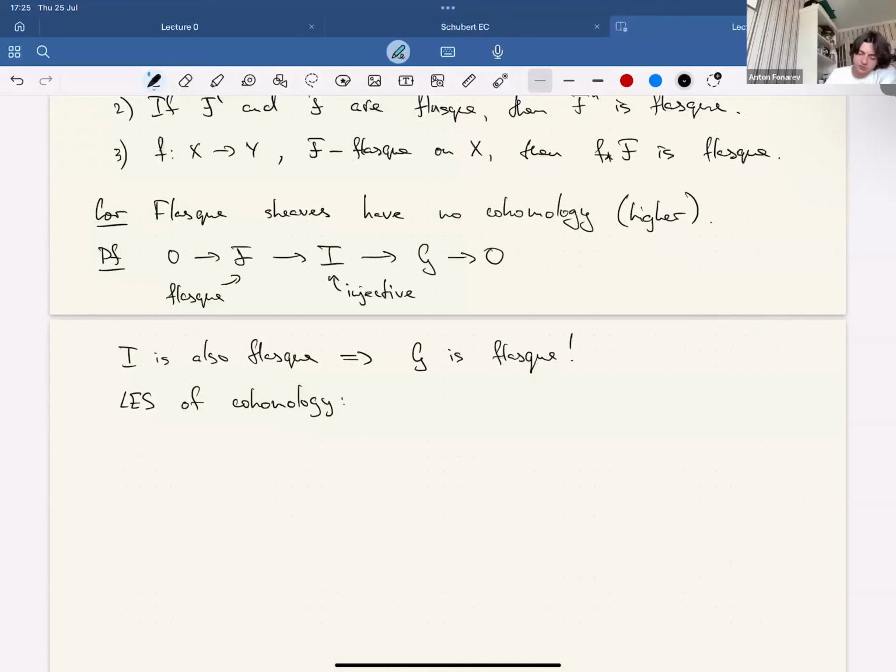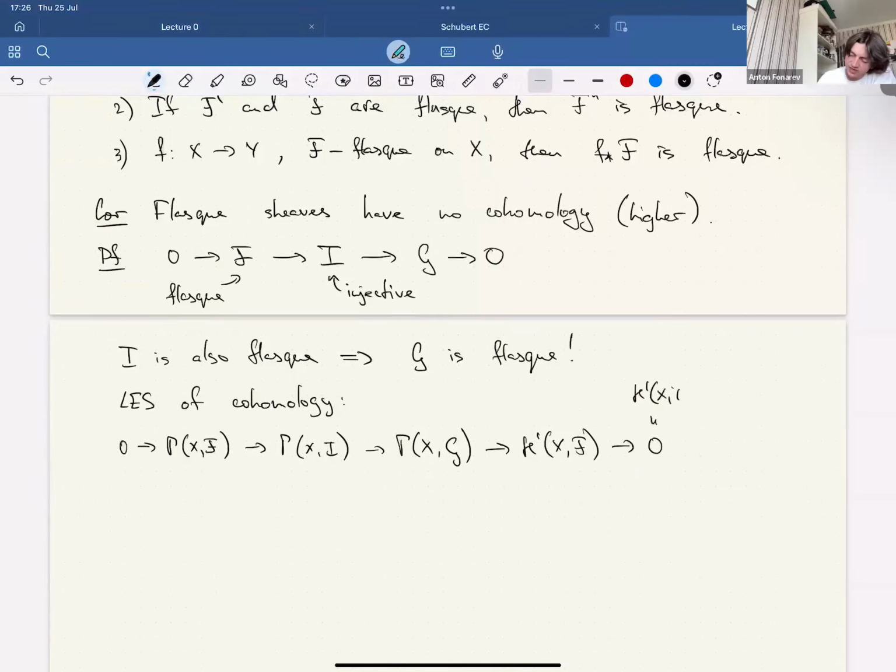First, we have the global sections, gamma on X of F, gamma on X of I, gamma on X of G. Then goes H1 on X of F. And then goes 0, because this is nothing but H1 on X of I, and I is injective.